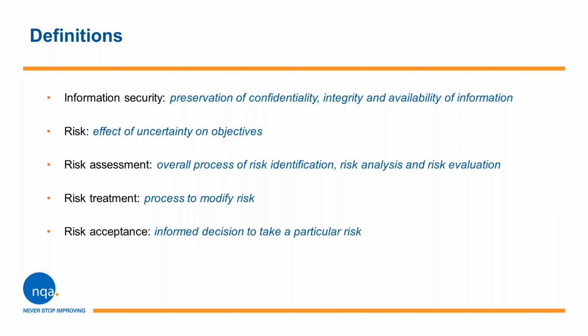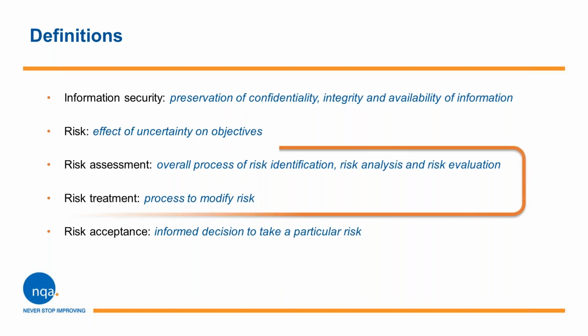It does explain a lot of the things that are talked about within 27001, and helps you understand what the standard means when it talks about certain elements. We're going to look at two key elements there: risk assessment and risk treatment. So risk assessment is the overall process of risk identification, risk analysis, and risk evaluation. And risk treatment is the process to modify that risk.